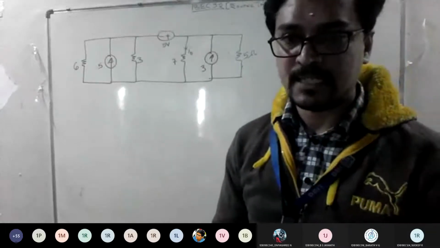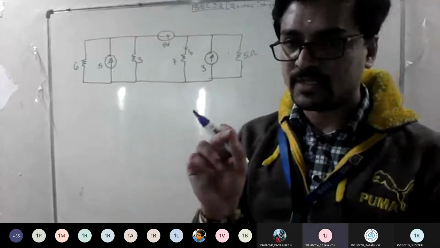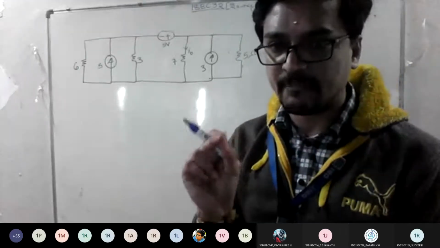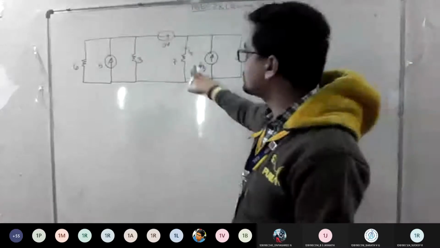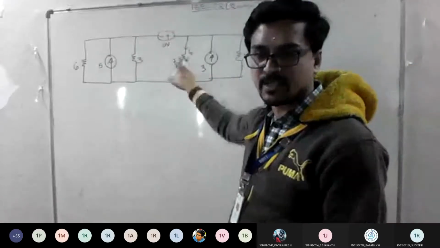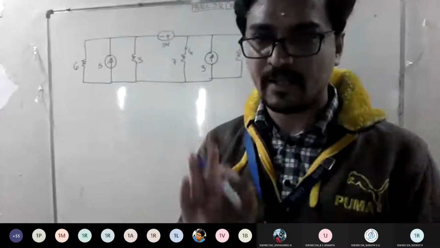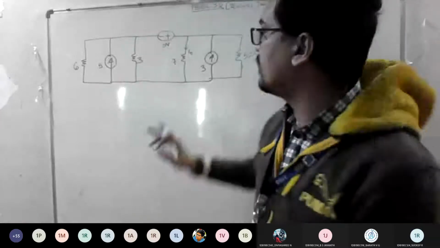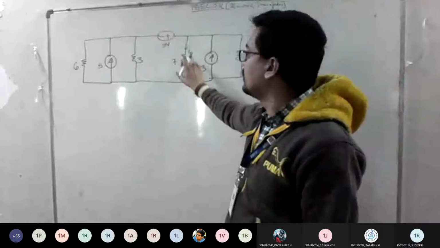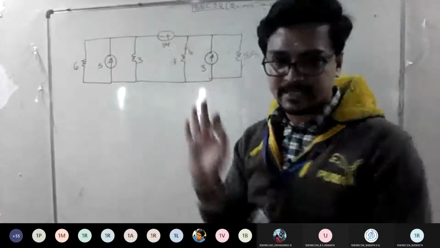One more hint. Listen carefully, everyone. Whenever the question asks you to find a particular current, you are not supposed to do any alteration to that element. Underline the word, and retain that resistor as it is.